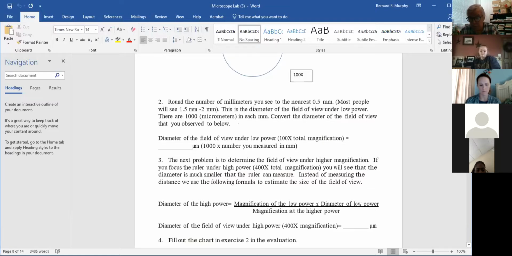And what is that constant? That constant is 20,000. Because magnification of low power here is 10, the diameter of low power field of view is 2000, so 10 times 2000 is 20,000.